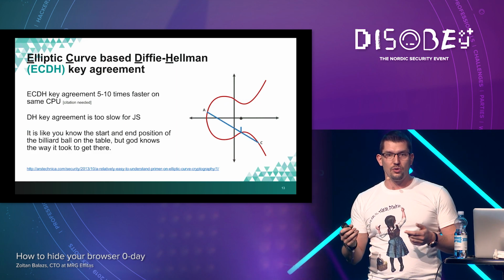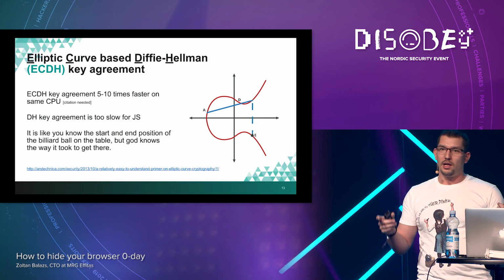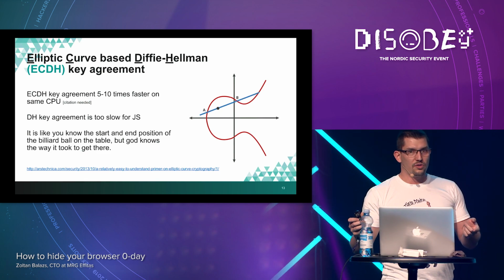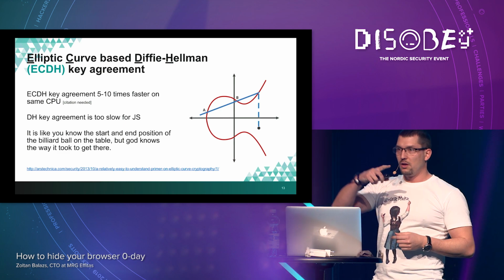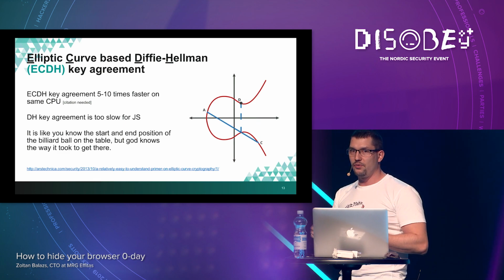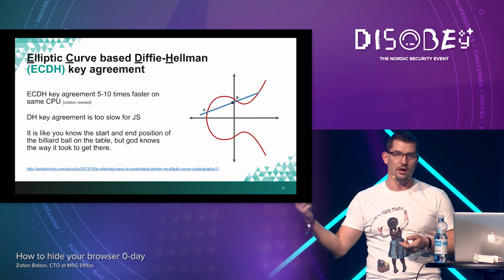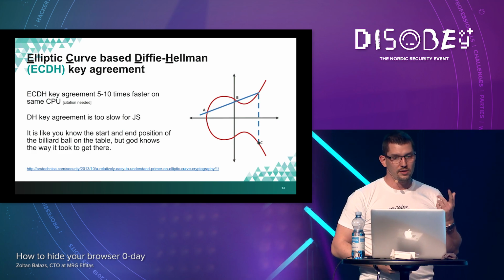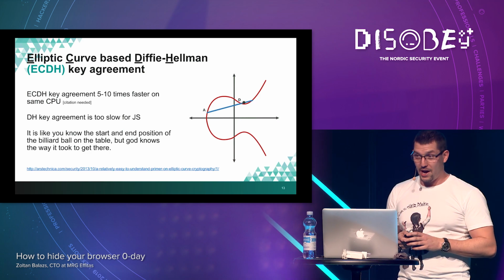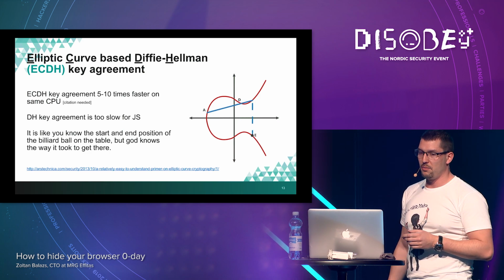But if I ask how the ball got from here to there, it's very hard to come up with the path. So this is a very, very high-level overview of how elliptic curve Diffie-Hellman works.